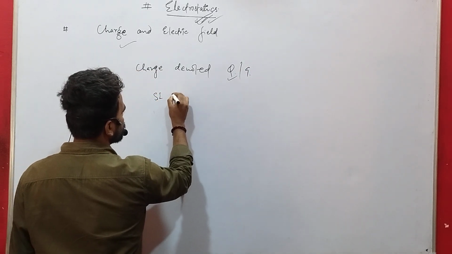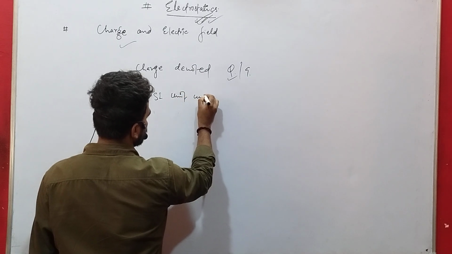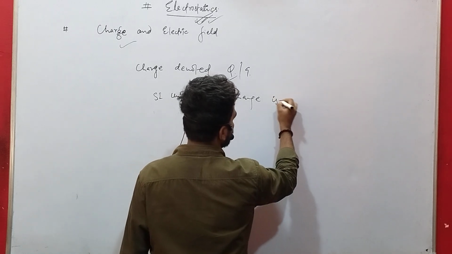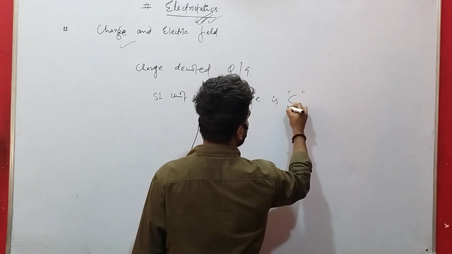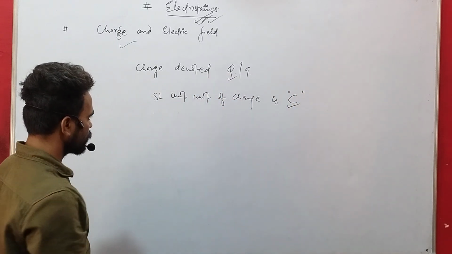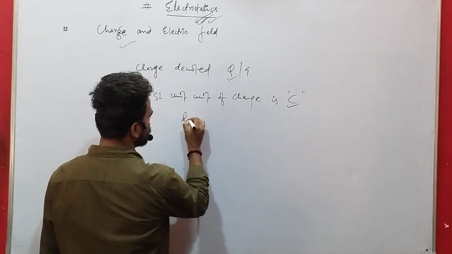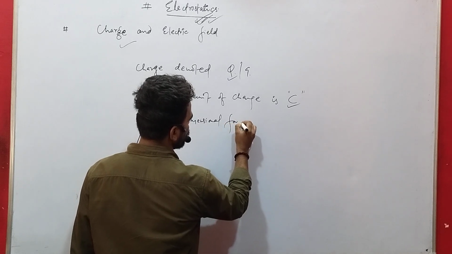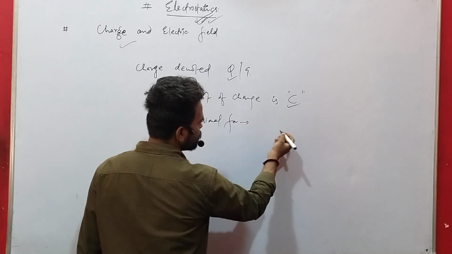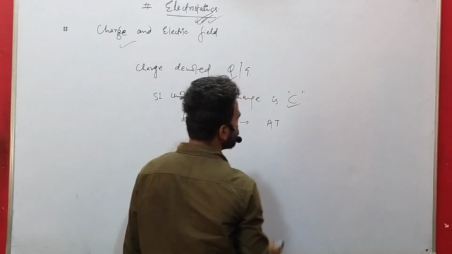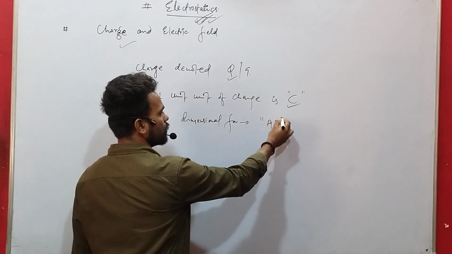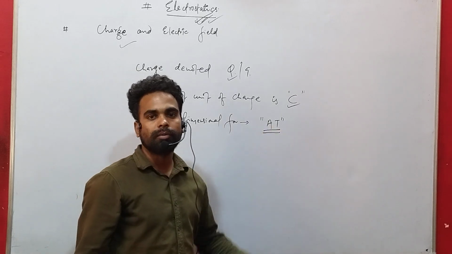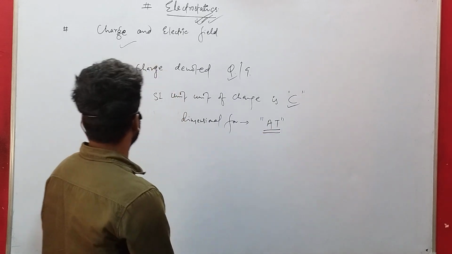The SI unit of charge is coulomb, and coulomb is denoted by capital C. The dimensional formula of charge is ampere second, AT. We calculate the dimensional formula from the 7 fundamental base units.